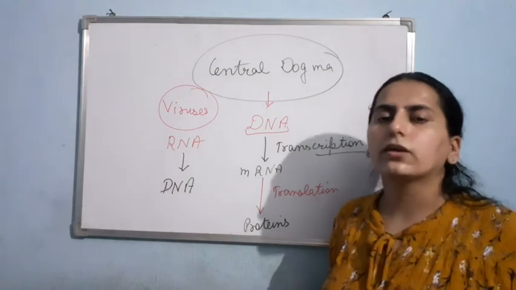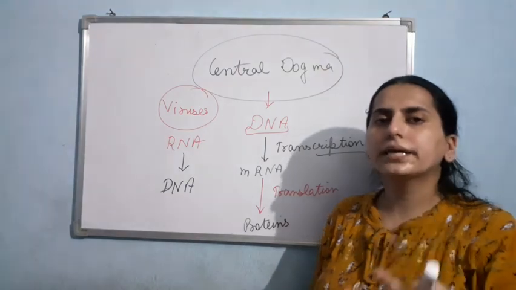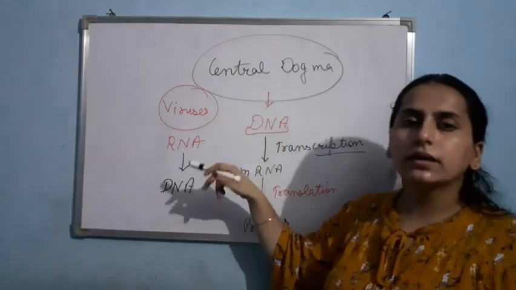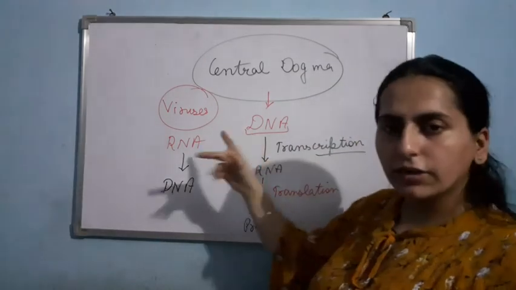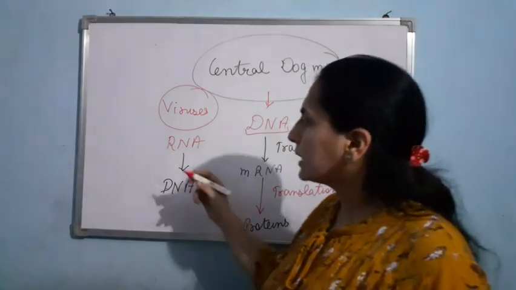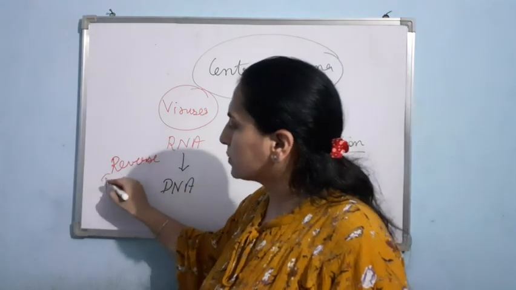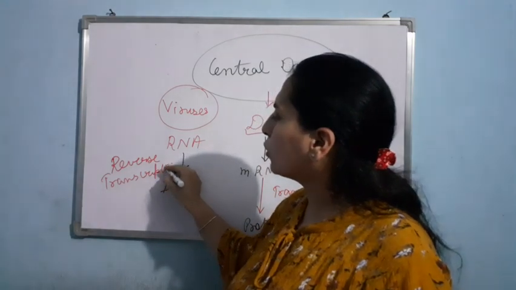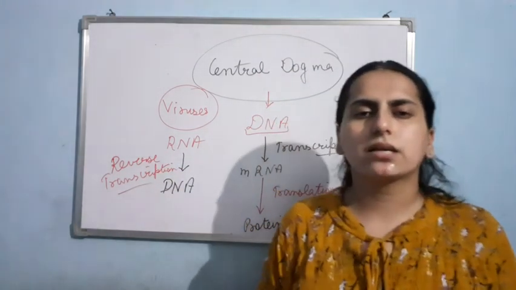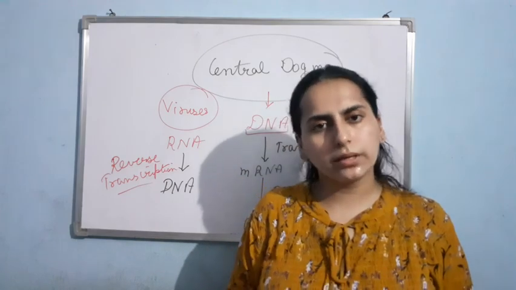Like in eukaryotic cells, we make mRNA from the DNA, but they make DNA from the RNA. This is the reverse of transcription, right? So it is named reverse transcription. Clear? One by one we shall study about all these. We shall study what is transcription, translation, and their whole process. Okay, thank you.